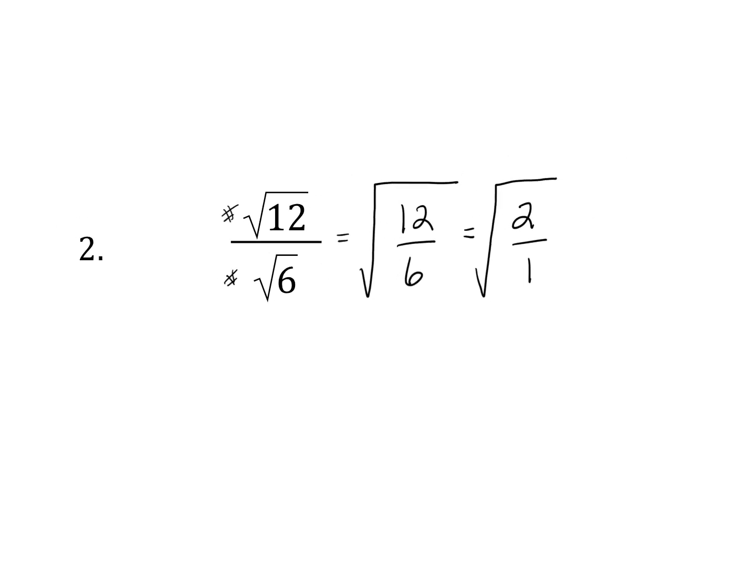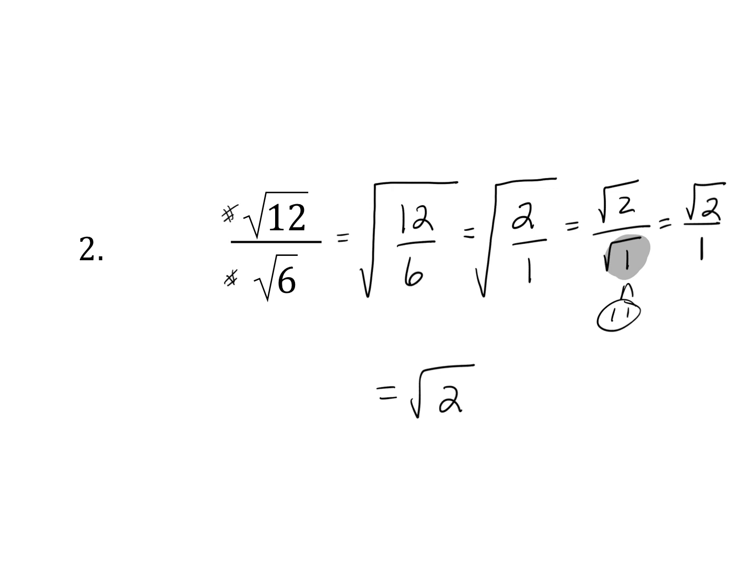I can split out my fraction again. We know we can't have a radical in the denominator, but this just becomes the number 1, since 1 times 1 is 1. It just becomes 1 over the square root of 2. So this answer is really just the square root of 2.